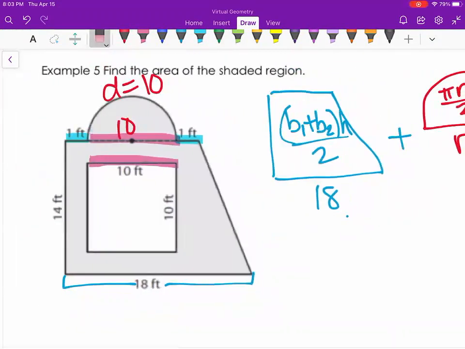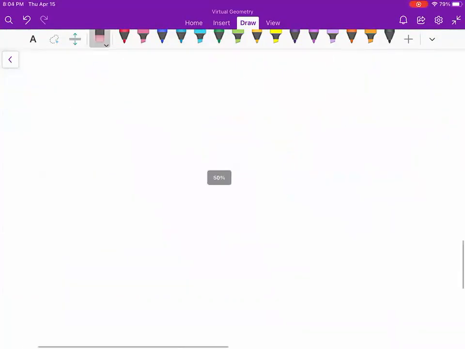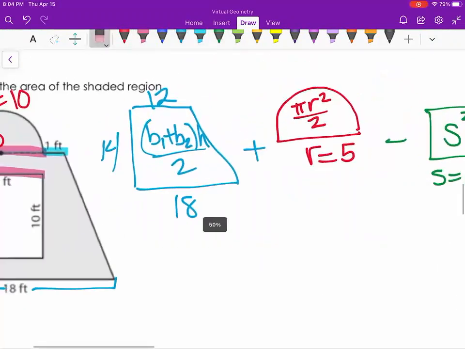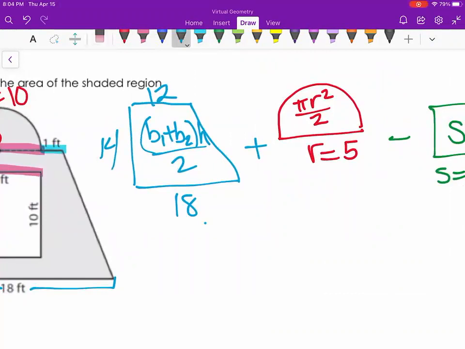So across the top of the trapezoid, we have a 10 and 2 ones, meaning 12 all the way across. I already know how tall my trapezoid is from the 14. So now we have all the numbers we need. Let's plug it all in. All right, so let's start with the trapezoid. I'm going to put it all in parentheses because it's one shape.